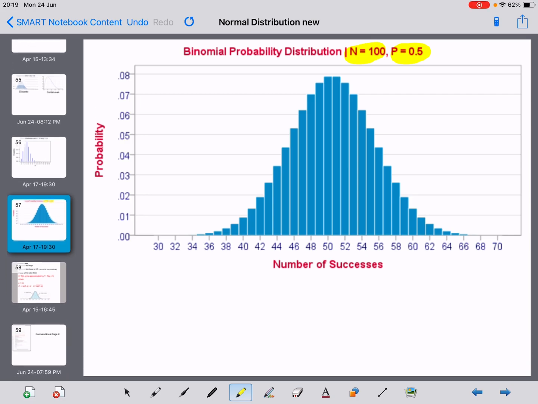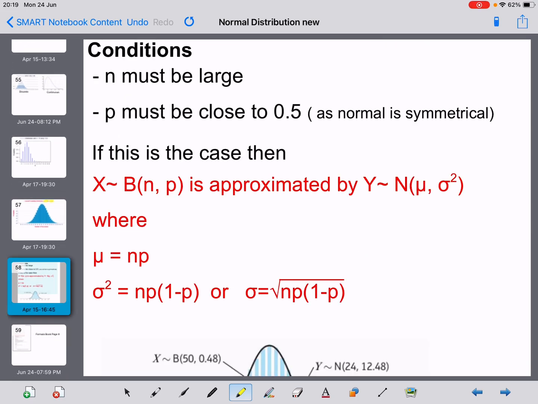So just to clarify, the conditions that we can approximate the binomial with the normal: n must be large, so we're talking more than 50, and p must be close to 0.5. Usually, you'll see questions where this is somewhere between 0.4 and 0.6.